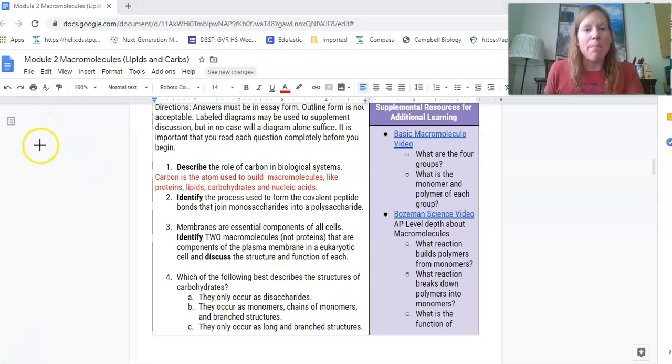We know that monomers are consisted of individual parts. So we have our little circles. When we want to join those circles together, what we do is we release a water. So we release a water to connect a hydrogen and oxygen, and that helps us form a polymer.